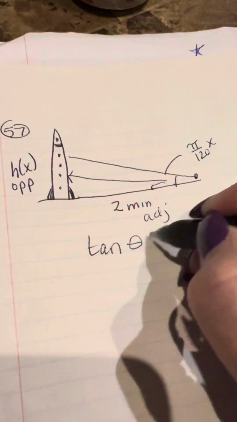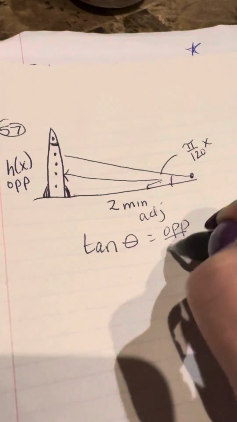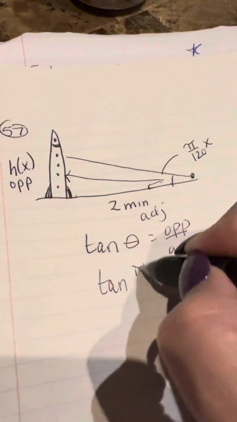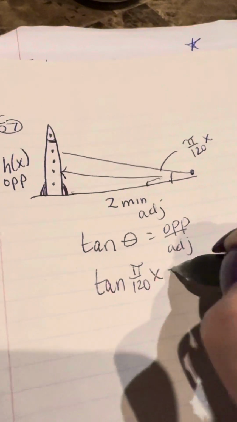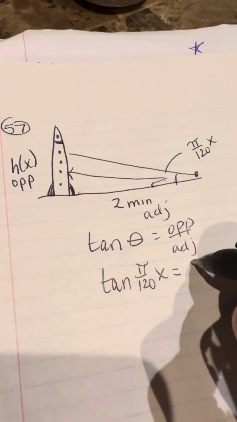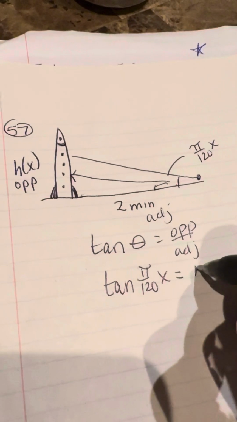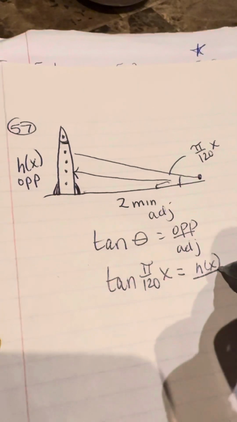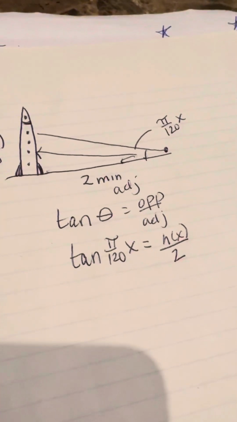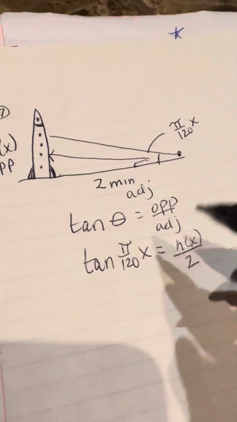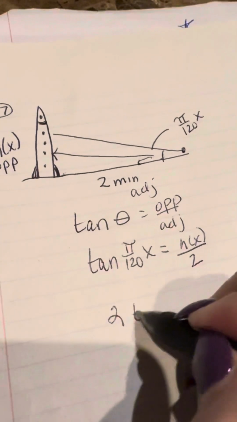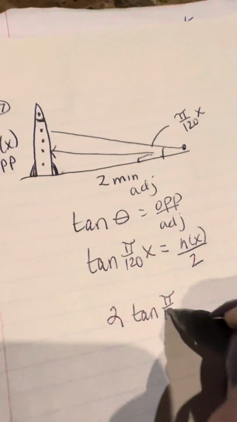The tangent of some angle equals opposite over adjacent. So the tangent of that angle equals h over 2. They want us to know what h of x is, that height, so we multiply both sides by 2. And there is our equation.